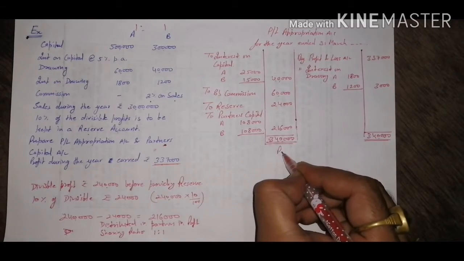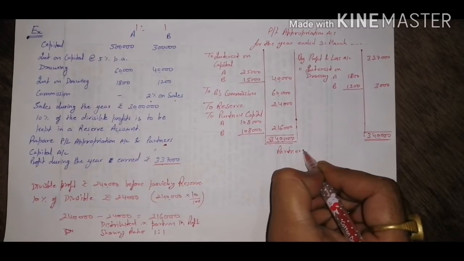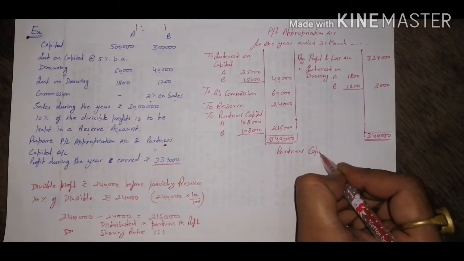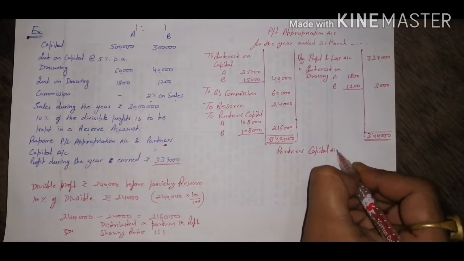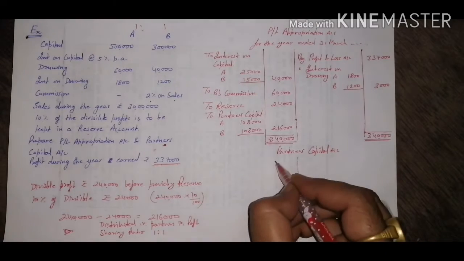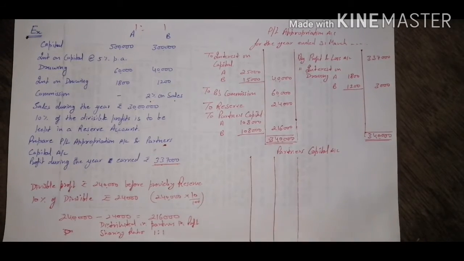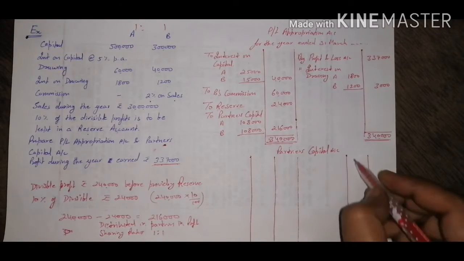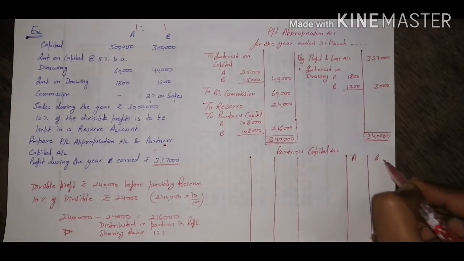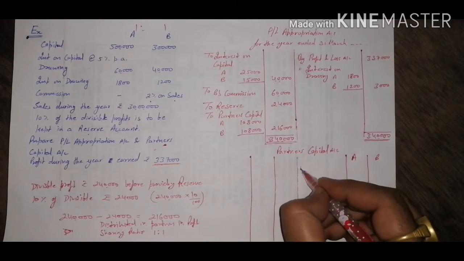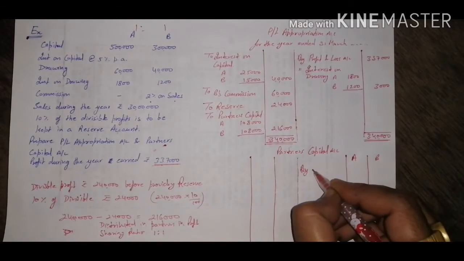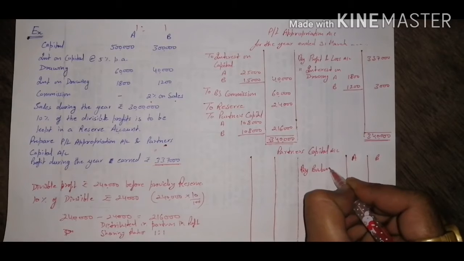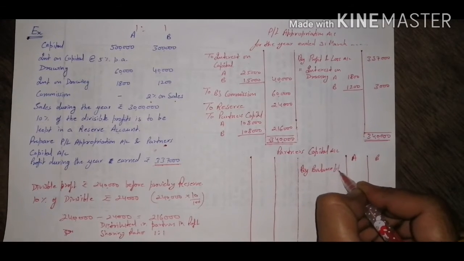Next, prepare the partners' capital account with two columns, A and B partners. In the capital account, the first row is the capital balance amount, by balance brought down.